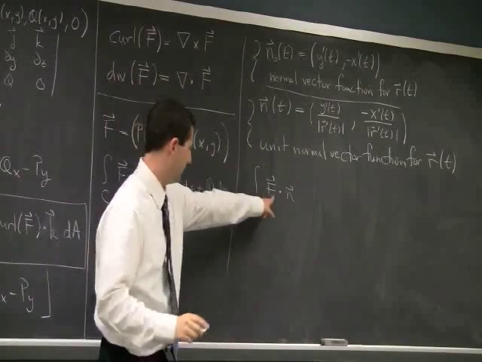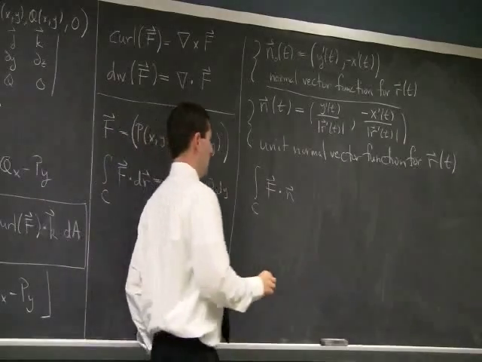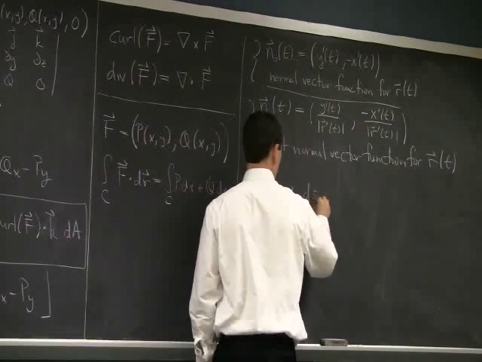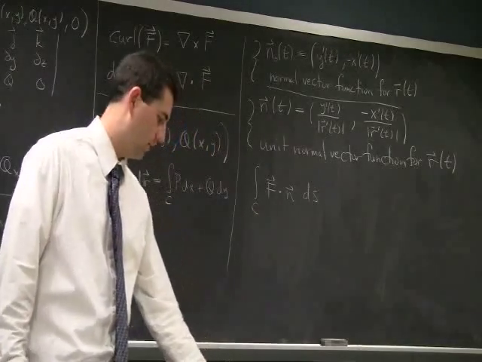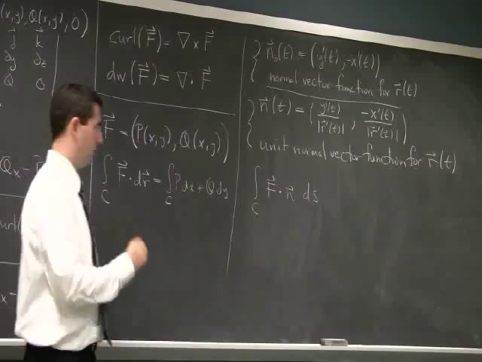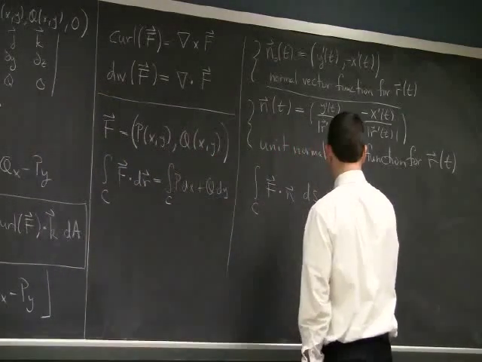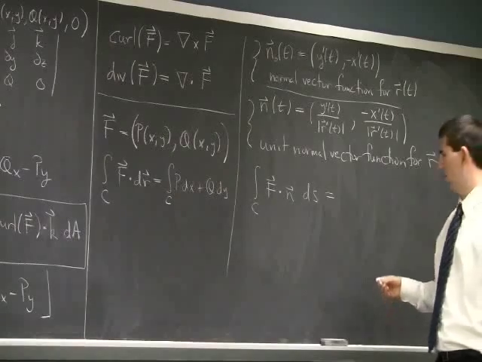And not with the vector field for F, the normal of C. And we integrate with respect to s, the arc length. So if we do this, then there's a formula that tells us how to do this.